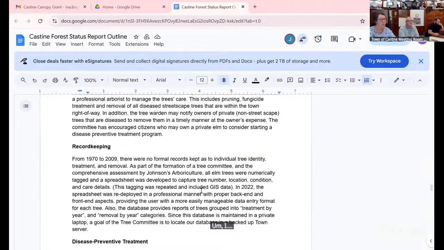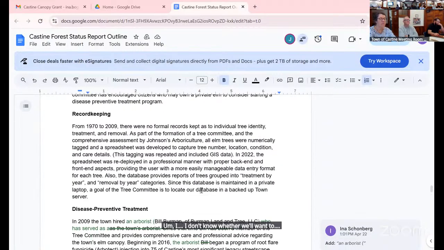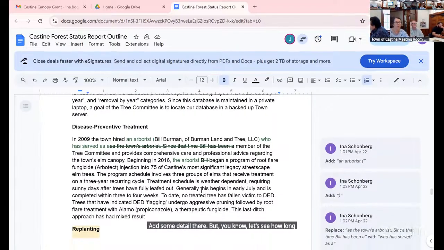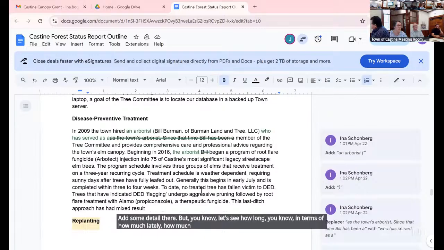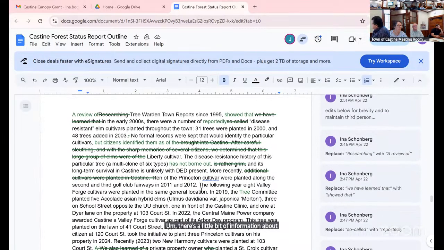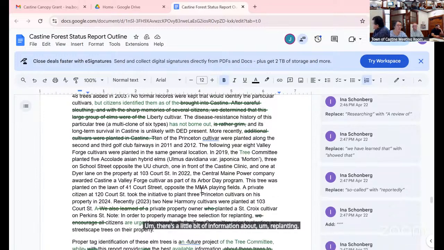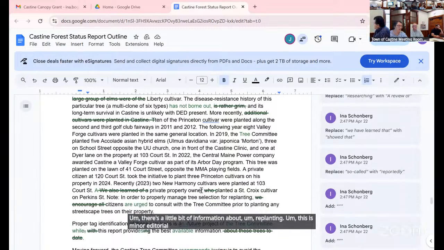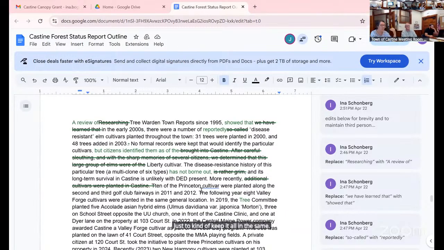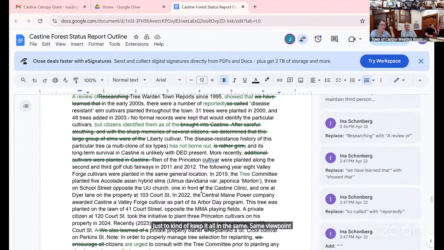I don't know whether we'll want to add some detail there, but let's see how much is projected. There's a little bit of information about replanting. This is minor editorial, not content stuff, just to keep it all in the same viewpoint and for conciseness in a couple places.